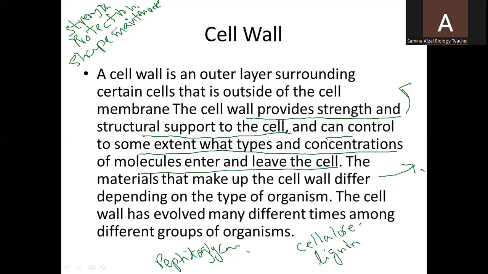This is the reason different materials are involved, because different organisms have to perform different functions. They belong to different types. So that is the reason different materials are involved in the formation of the cell wall. The cell wall has evolved many different times among different groups of organisms.